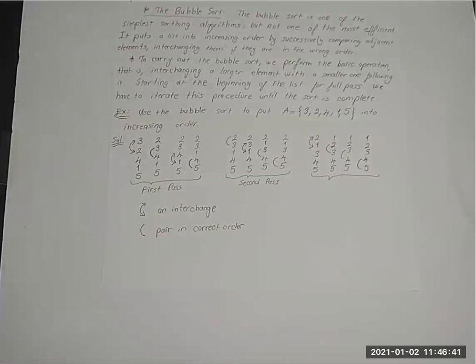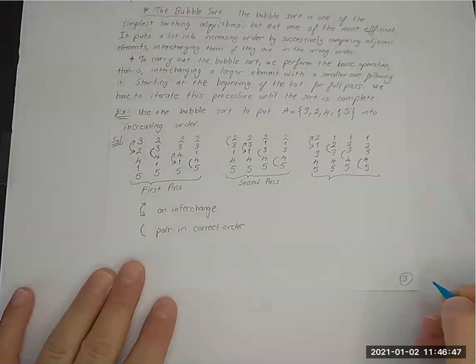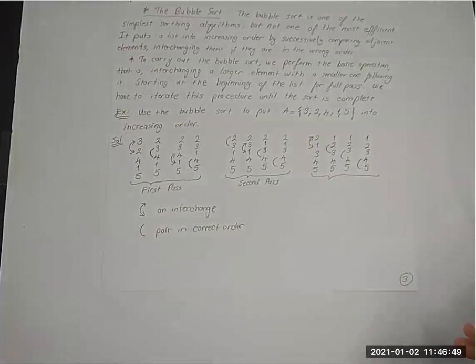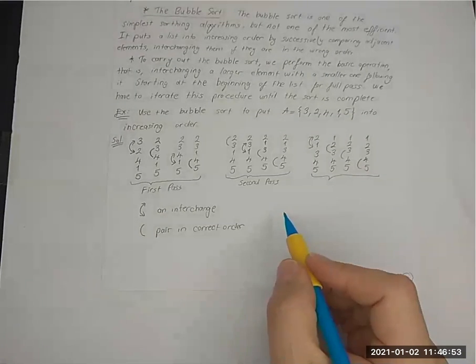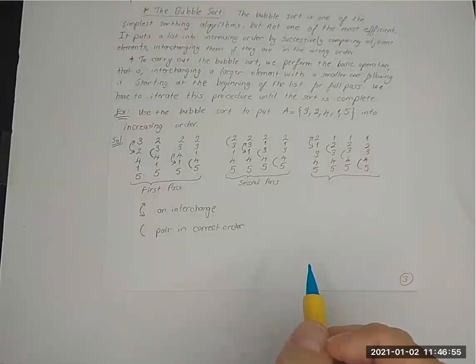Okay, we can write this on page 3. There is the bubble sort pseudocode. Can we put it here, or do we need a new page? I'm checking. Okay, a new page is better.